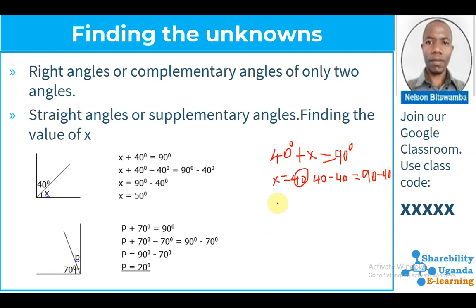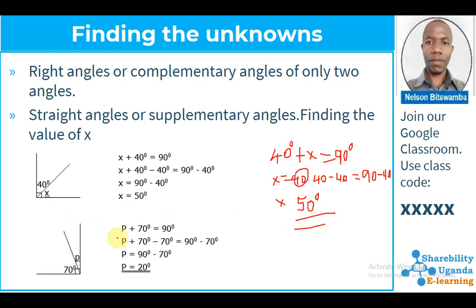So what is 90 minus 40? We shall get 50 degrees. So we shall have the value of our x as 50 degrees.